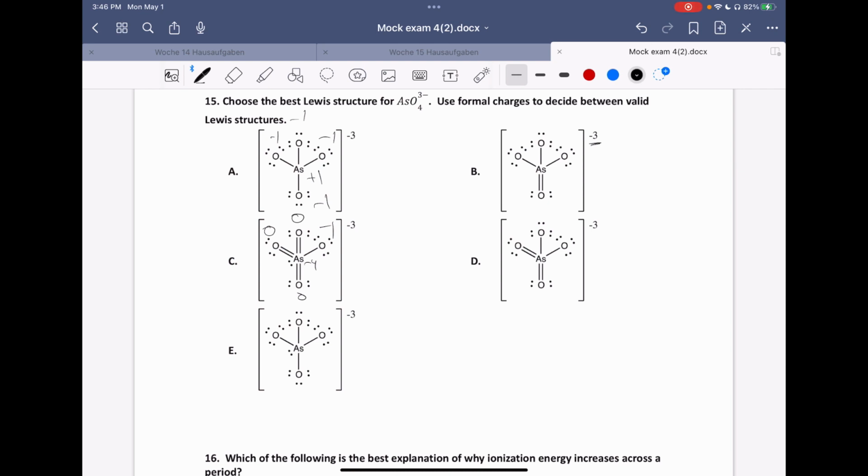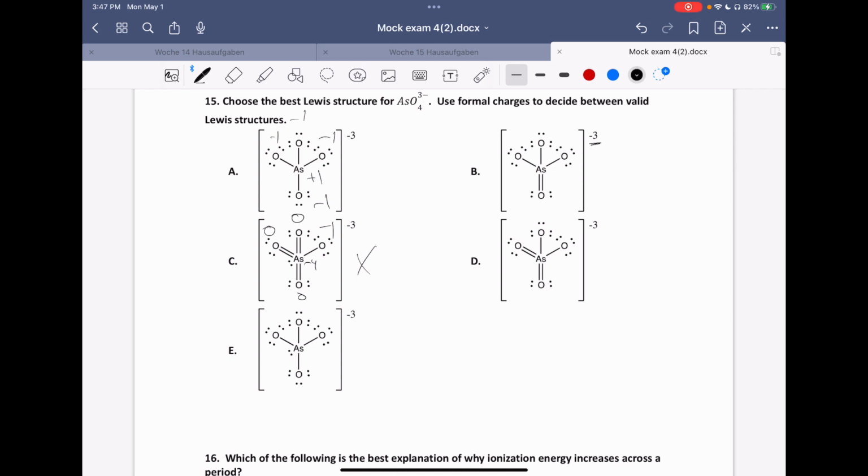That doesn't make any sense. Answer choice C is just wrong. I think it has more electrons used than we actually have available.